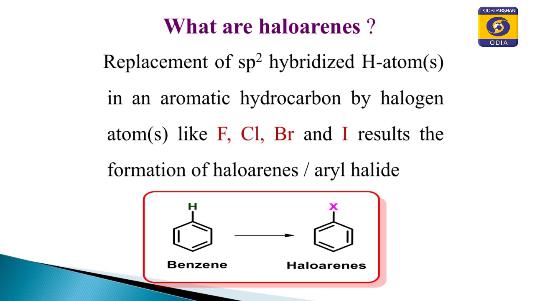You all know that the molecular formula of benzene is C6H6. When one hydrogen of benzene is replaced by any one of these halogen atoms, you will get the haloarenes, that is fluorobenzene, chlorobenzene, iodobenzene or bromobenzene, depending upon the nature of the halogen replacing the hydrogen of the benzene.